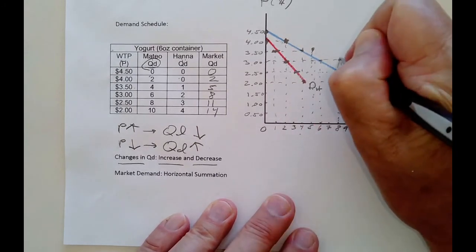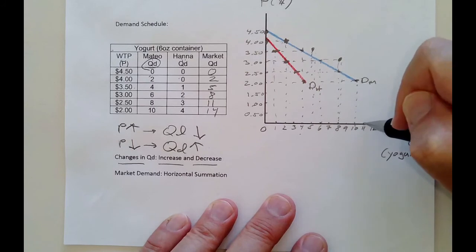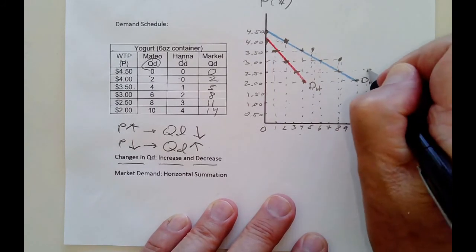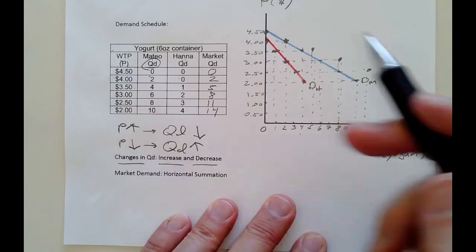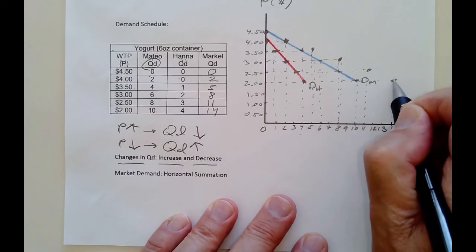And at $2.50, we have 11 for the market, and that'll be about there. And then at $2, we have 14, and that'll be about there. So I'll get a different color.